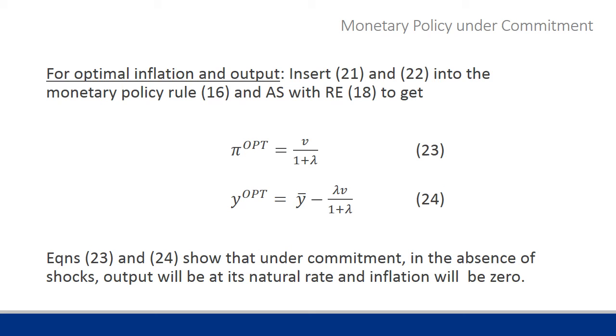Doing that, we get that optimal inflation is equal to v over 1 plus lambda, and optimal output is equal to y bar minus lambda v divided by 1 plus lambda. So under commitment, and in the absence of shocks, the optimal inflation rate will be equal to 0, and optimal output will equal y bar. Notice the difference between the case of commitment and discretion.